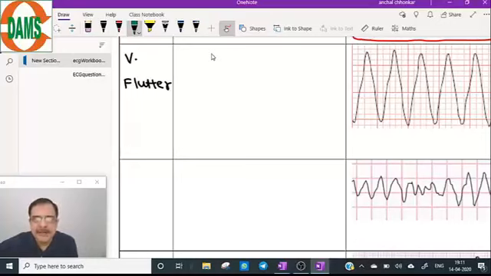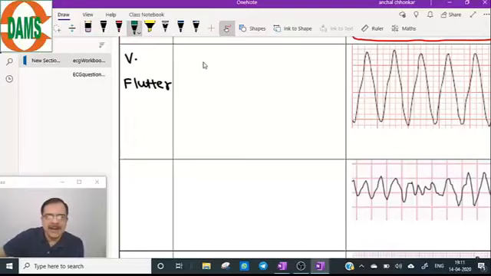Third degree AV block was a slow heart rate, and P waves were seen in that, while ventricle tachycardia is a fast heart rate, and usually P waves are not seen here. Now which lead to see? If it is a limb lead, then lead 2, and if it is a chest lead, usually V5 and V6, you should see this.